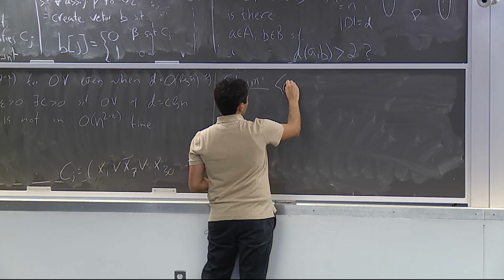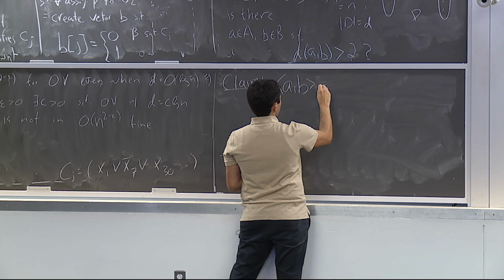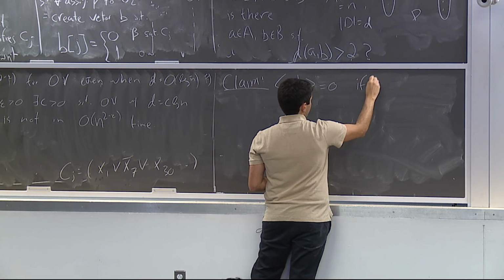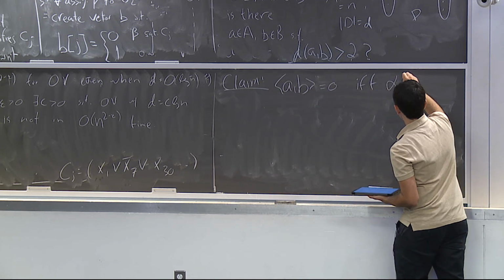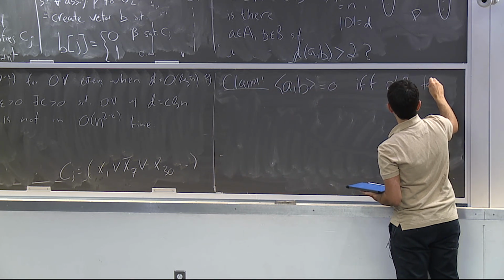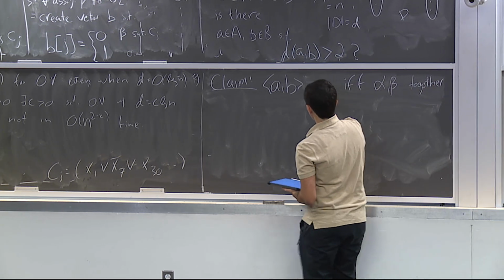So here's the main claim. If you look at two vectors, then they are orthogonal if and only if you look at the two corresponding assignments and you take them together, they satisfy the formula.